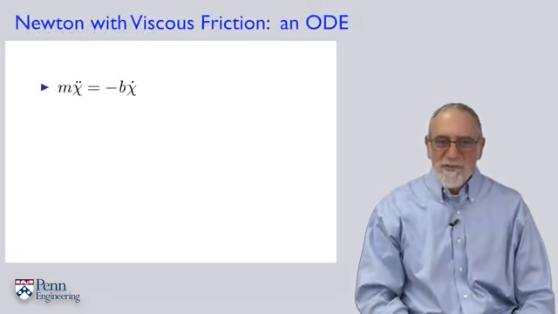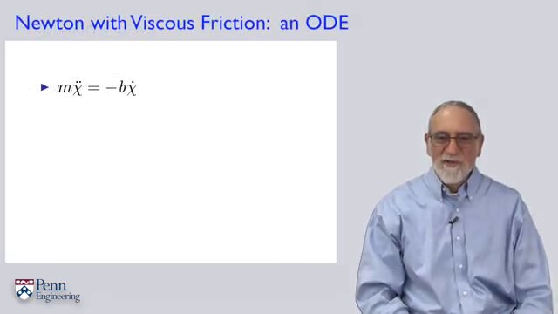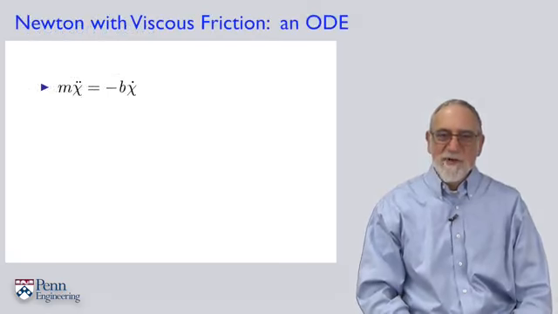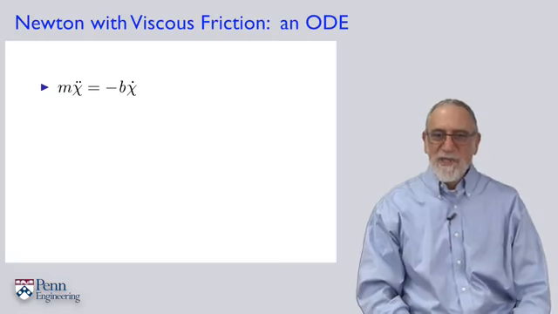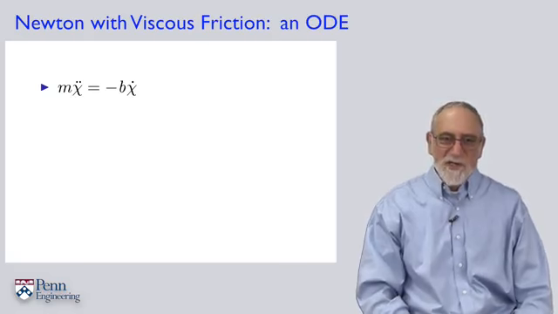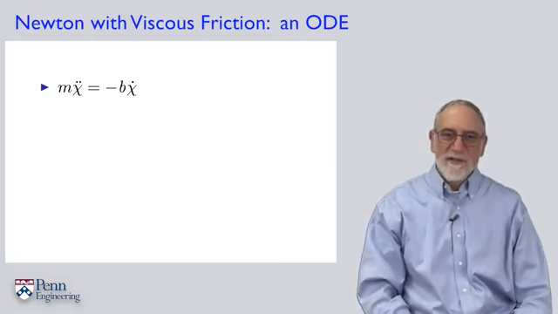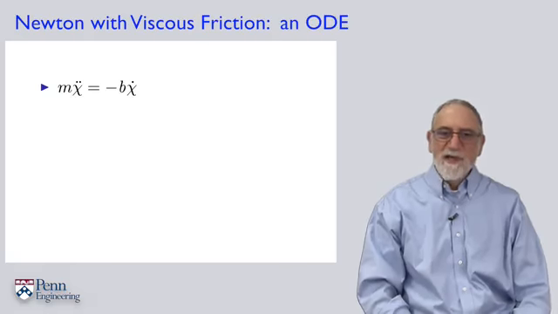Let's introduce to our moving particle an acceleration that's impeded by the force of friction. Friction is most commonly modeled as a viscous force that's proportional to the velocity and in opposition to the direction of acceleration.